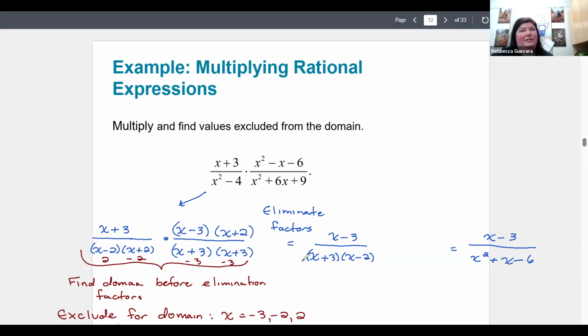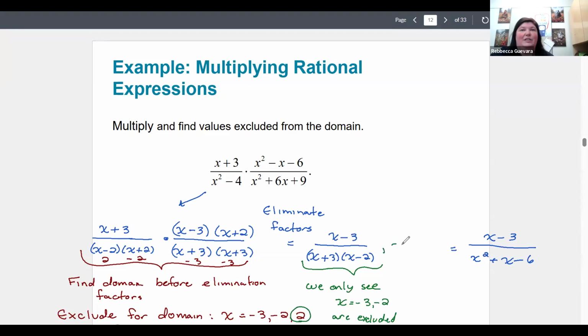So now we eliminated factors. What we can see is that x equals negative 3 and x equals negative 2 are excluded. So what we have here is this minus 2 is the one that was hidden.